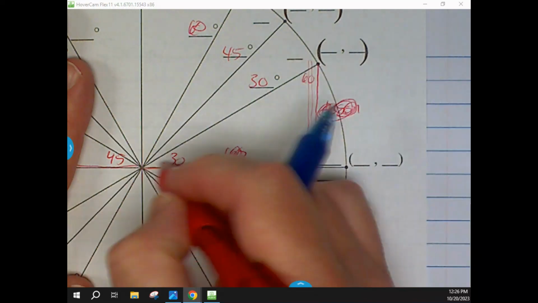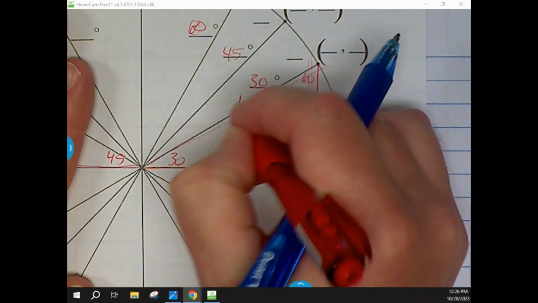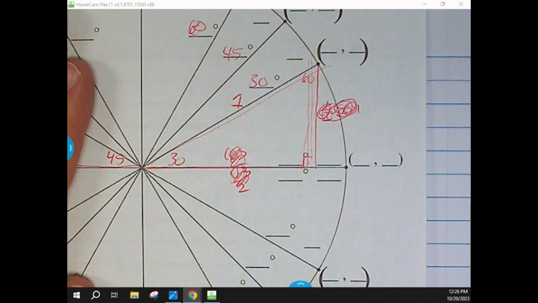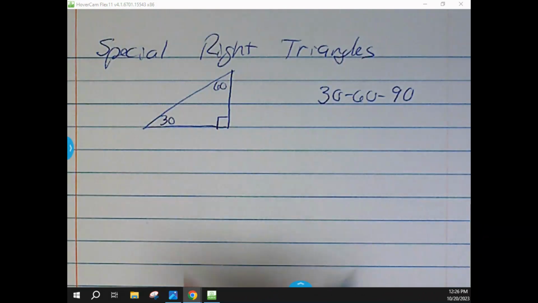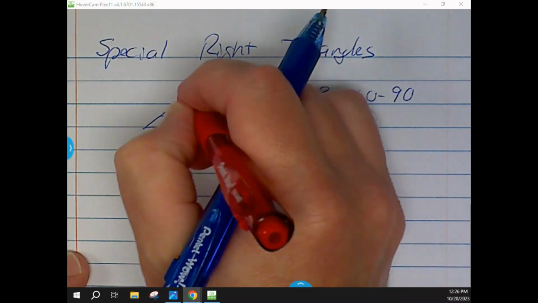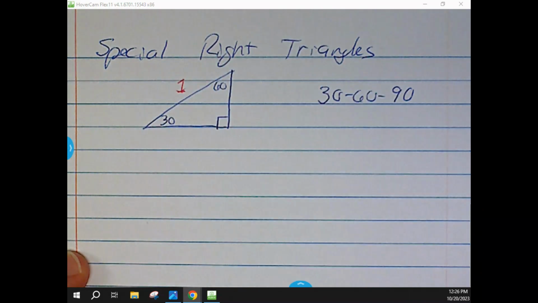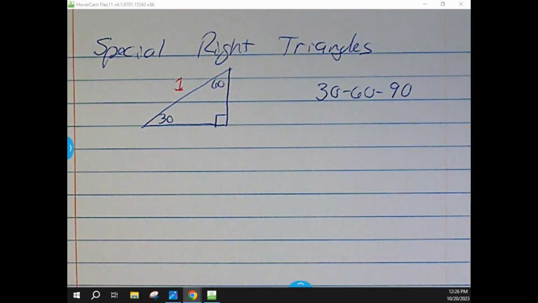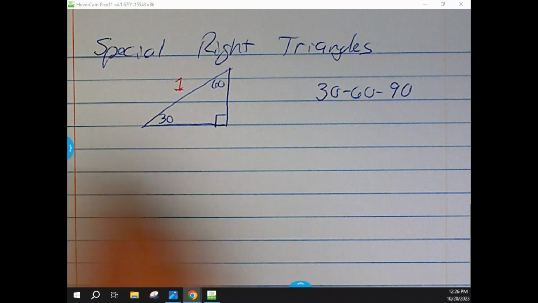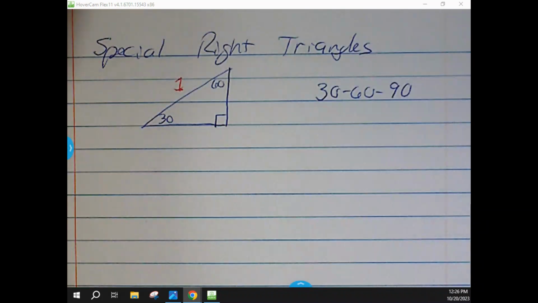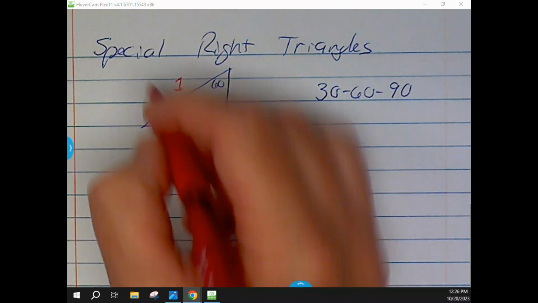All right, and what we said yesterday when we were working on this was that this was always going to be 1. So if we go back to that special triangle we're looking at here, you can go back and do the numbers and figure out what everything was going to be. We'll set this up.